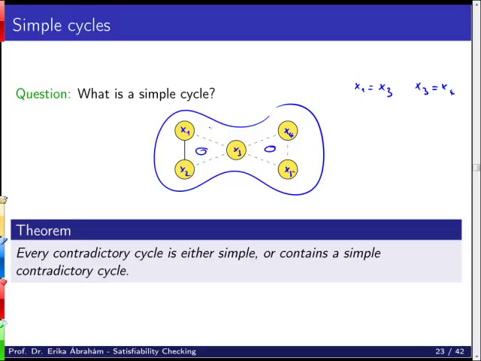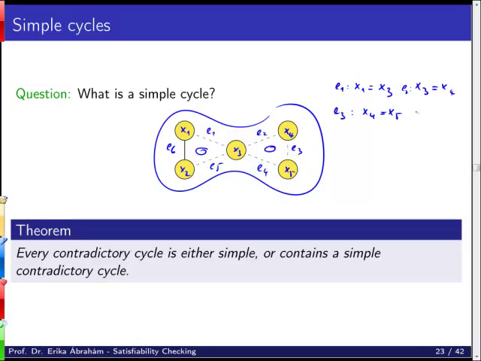I give them names: e1, e2, equality 3, equality 4, equality 5, equality 6. So from equality 1, I get x1 equals x3. From equality 2, I get x3 equals x4. From equality 3, I get x4 equals x5.